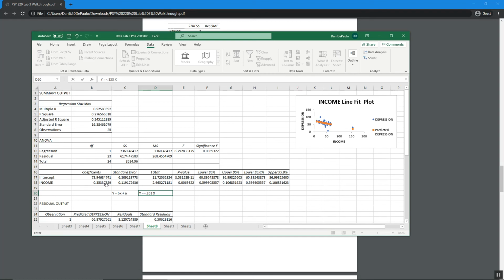So that's the slope, times x, plus a. So the y-intercept is 73.947. And there's your regression line.